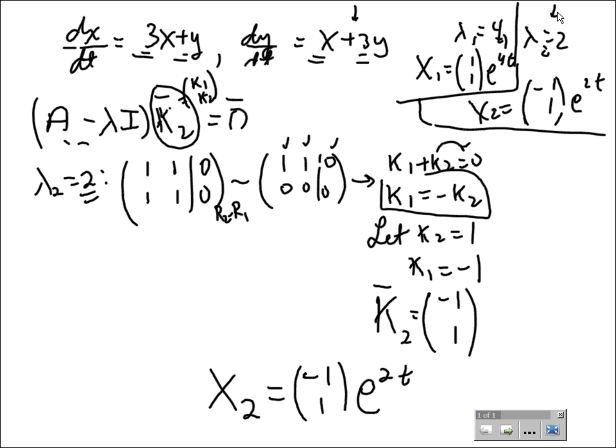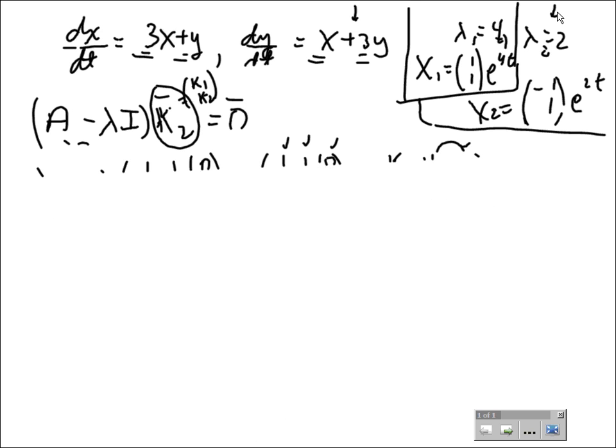Alright, so now we have x1 and we have x2. I'm going to erase most of this, and then I'm going to write down the general solution. X is equal to c1 x1 plus c2 x2.